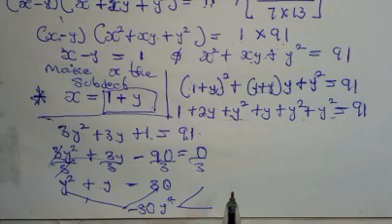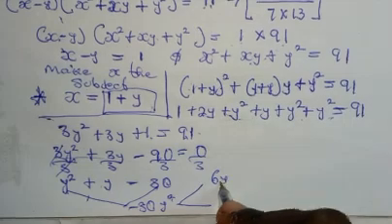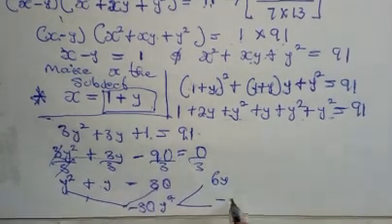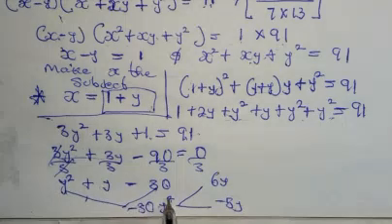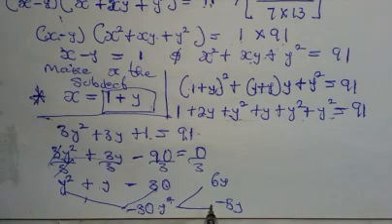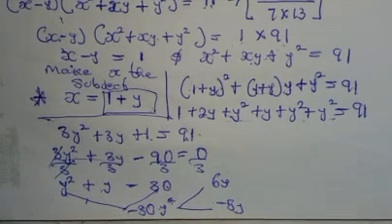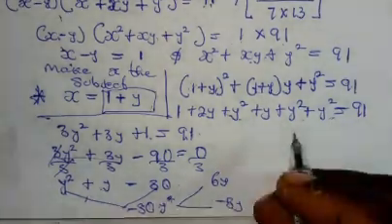The two factors I think of are 6 and 5. How do we place the signs? Let's say plus 6 and minus 5. So 6y times minus 5y gives minus 30y squared, and 6y plus minus 5y gives y. So these are the two factors.